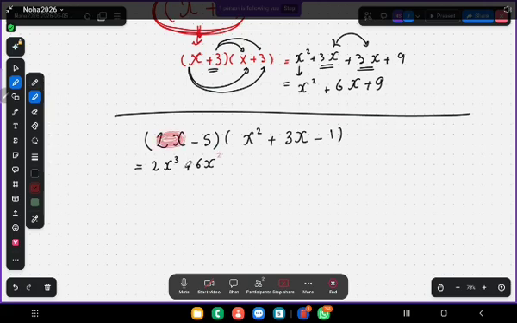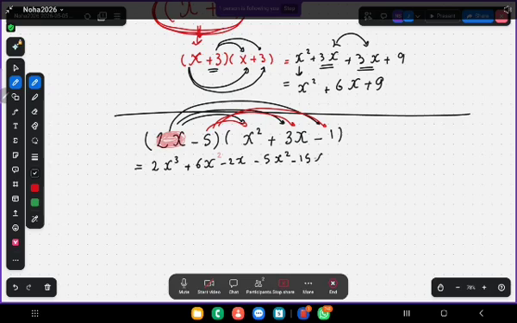It's gonna be 6x squared, okay? And then minus 2x. Okay, minus 2x. And then? And then we have minus 5x squared. Yeah, super. 5x squared. Okay. Minus 15x. Very good. Plus 5.